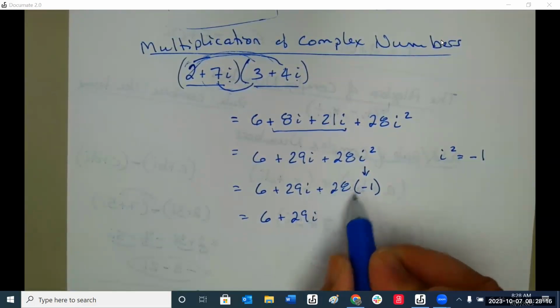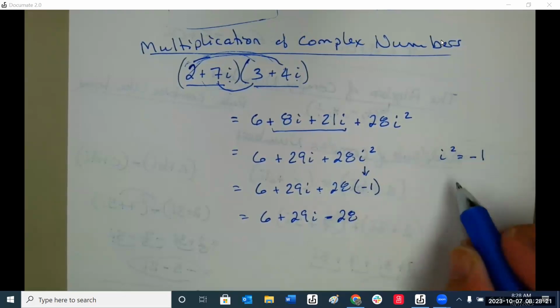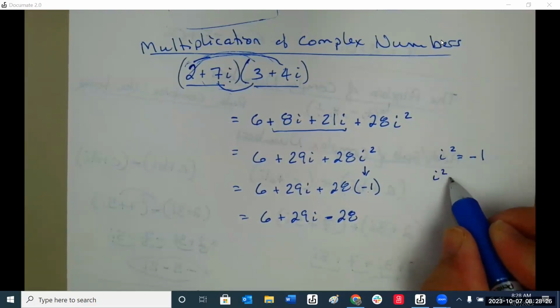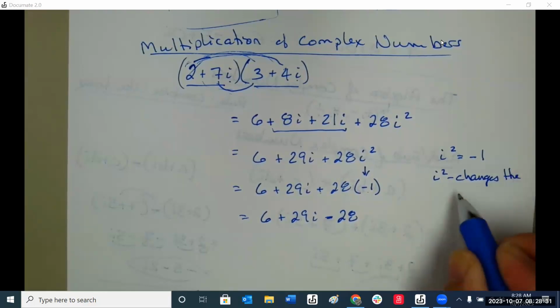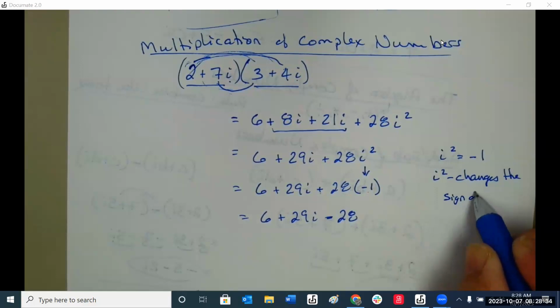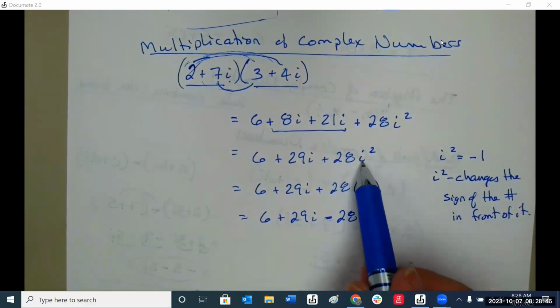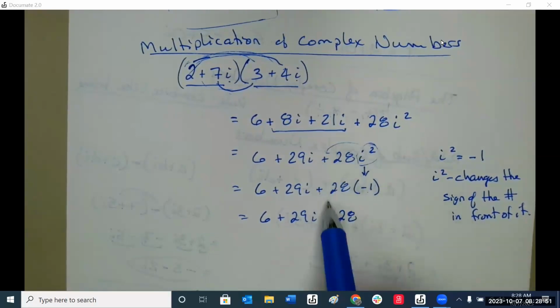So positive times negative is a negative. 28 times 1. So basically, all an i squared does is change the sign of the number in front of it. So i squared, get rid of the i squared, and just change that sign. That's all it really does.